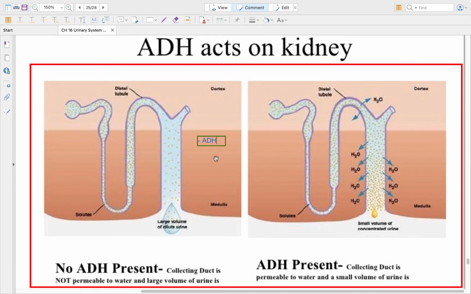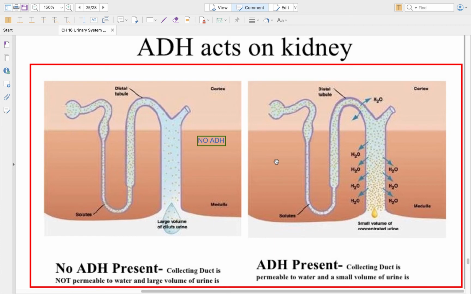So what happens here is there's no ADH, therefore there's no hormone to instruct the tubule to pull out this water, and what ends up happening is large volumes of urine are released, and this is not good for the body.